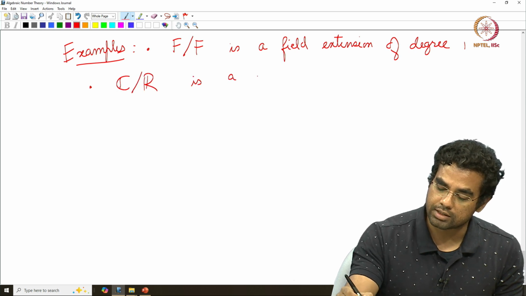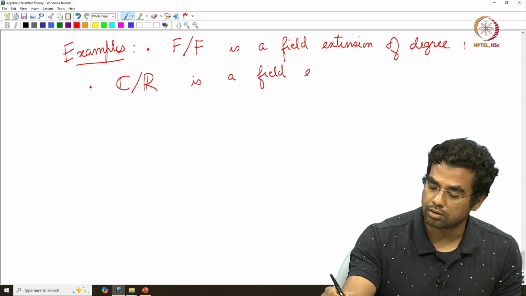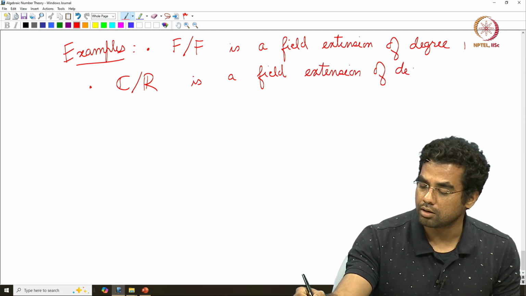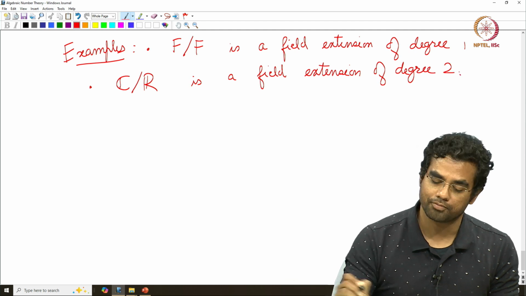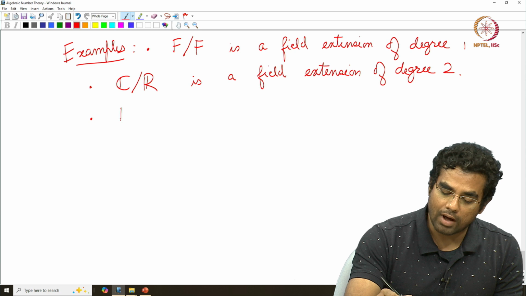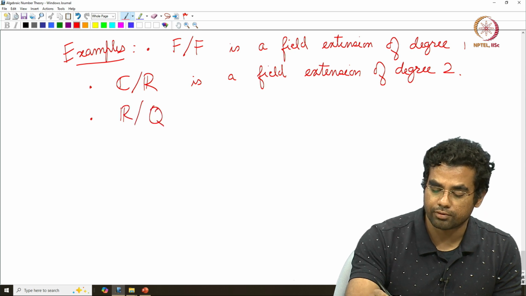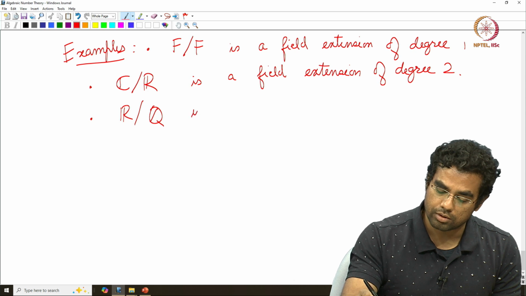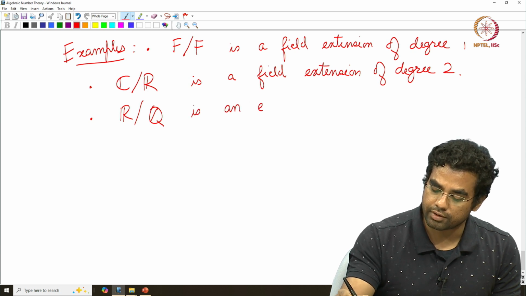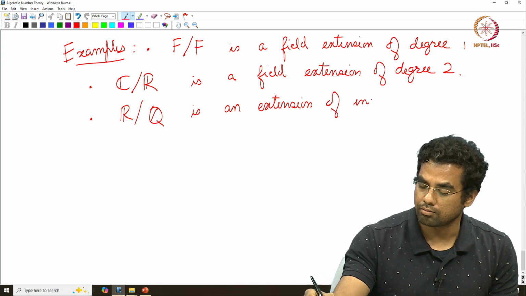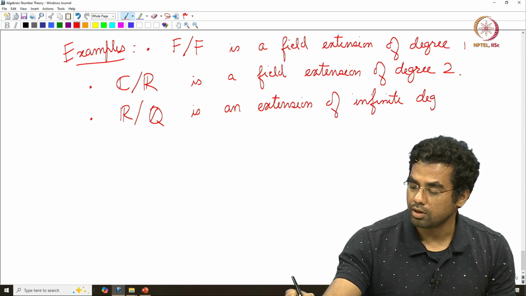This is a field extension of degree 2. Okay. Or you can think of R as a field extension of Q, real numbers or even complex numbers as a field extension of Q is an extension of infinite degree.